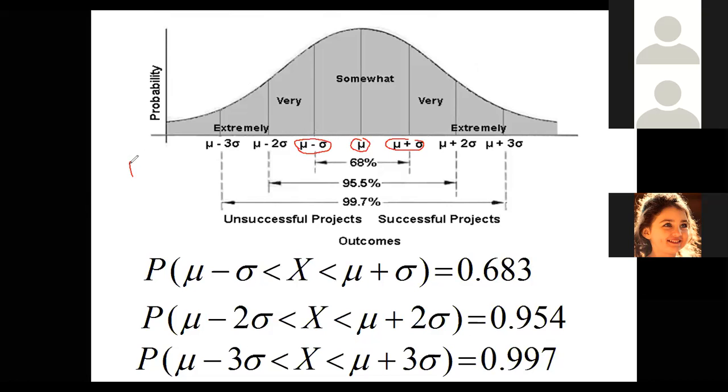Suppose, let's say, as an example, mean is 165, sigma I'm just taking an example, sigma is let's say 5. Can you tell me what is mean plus sigma and mean minus sigma?